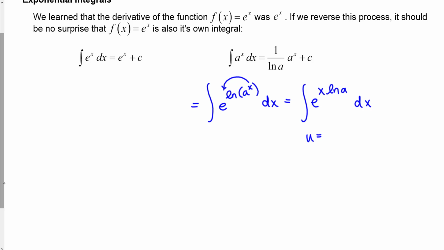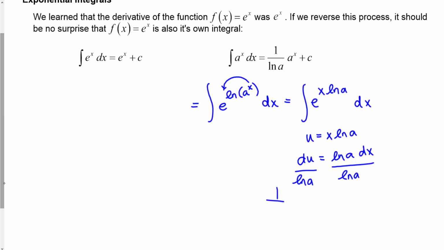So let u be that x natural log a for the exponent, so that du is just the natural log of a times dx. But since no natural log of a factor exists in the original problem, I divide the natural log of a over.